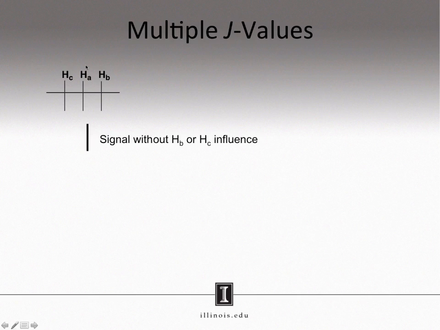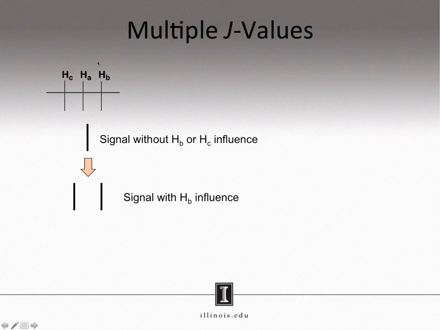If HB and HC did not interfere with HA, we would expect to see a singlet, one signal. Of course, we know that's not true. We know that HB and HC will affect HA somehow. On the previous slide, we were reminded of how, when HB interacts with HA, we should see a doublet. Now, what happens when we include HC in this scenario?